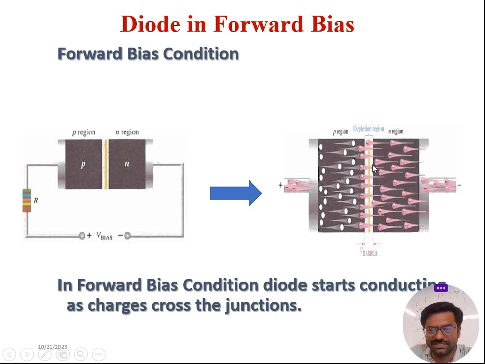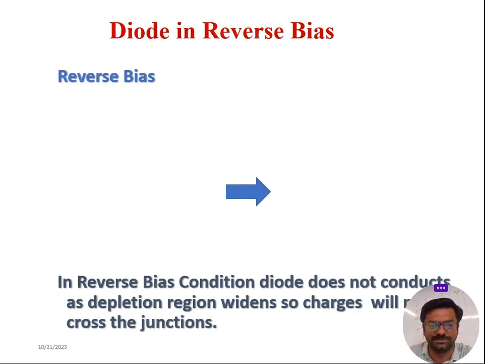As they cross the junction, charge will move from positive to negative polarities. We will feel that the current is flowing from the P type material to the N type material. Why? Because the electrons are moving from the N type material to the P type material. The current direction is opposite to that of the flow of charges.